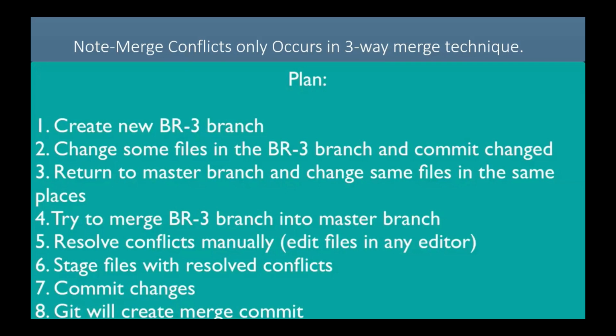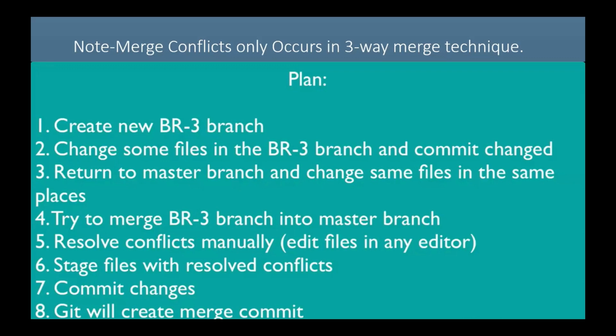So what we have to plan: create a new branch, with the branch name starting with new. Change some files in the new branch and commit the changes. Then return to the master branch, and this is the process of three-way merge.